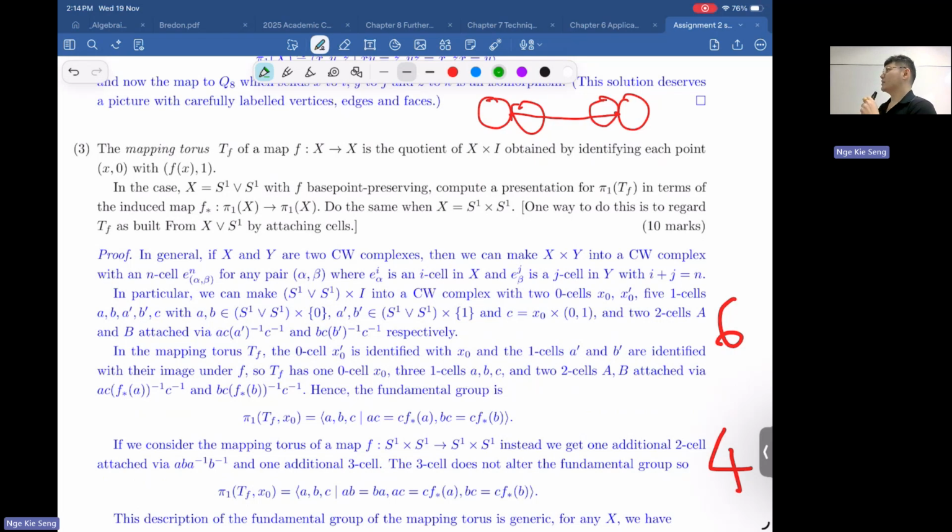What you do is you take your X, cross it with an interval, and then you identify X with f of X. If f is not surjective, then there could be something that doesn't get identified.